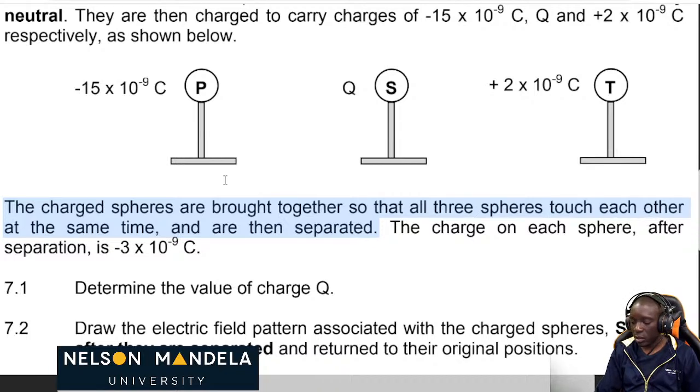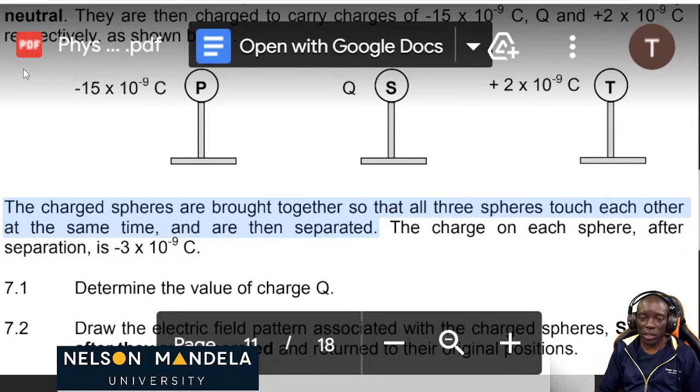Then T has a charge of plus 2 times 10 to the negative 9 coulombs. So when we deal with these charges, the properties of charges are supposed to be at your fingertips, at your disposal, so that you should know how these charges behave.